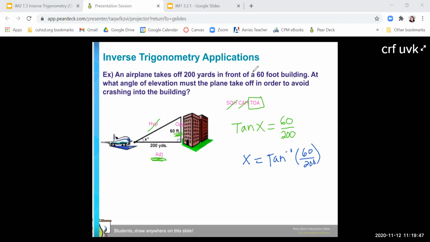And plug it into the calculator. Go over to my calculator, go to func, inverse tangent, back to main, 60 divided by 200. And that's approximately 16.7 degrees.